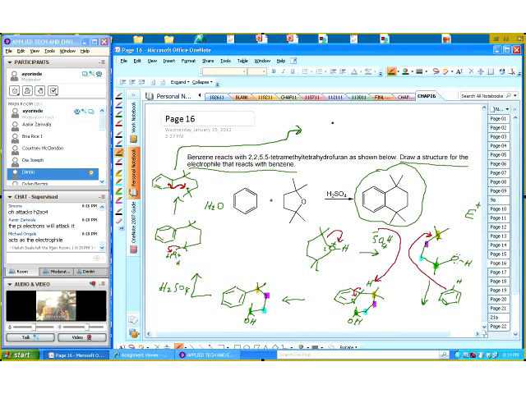Now we're going to have this here, as the electrophile. Exactly, it acts as the electrophile. So now you have this. Okay, hydrogen is here.